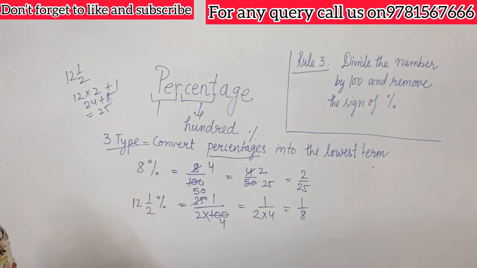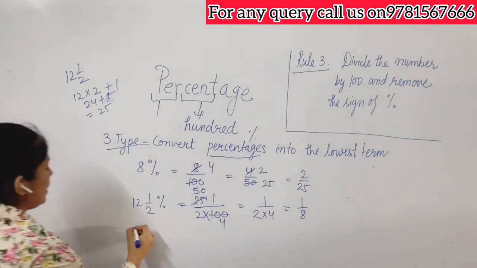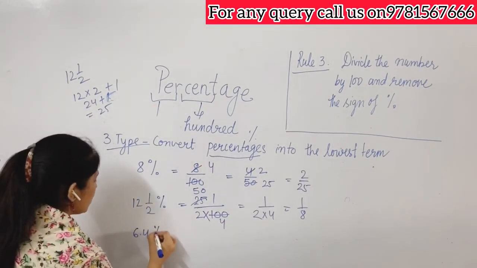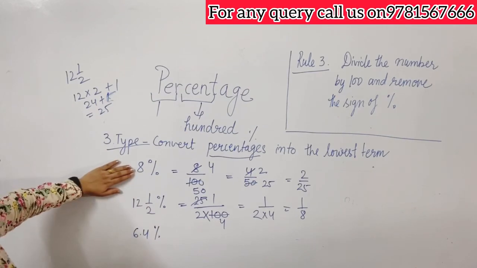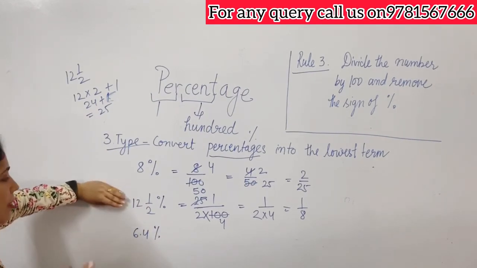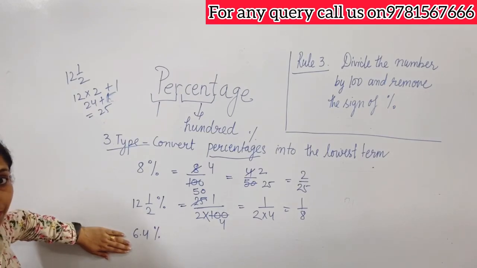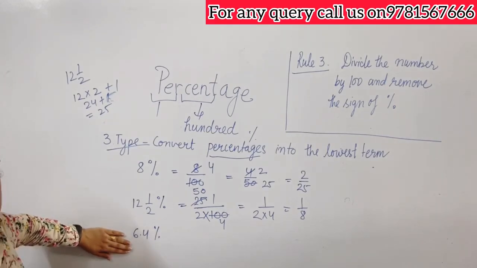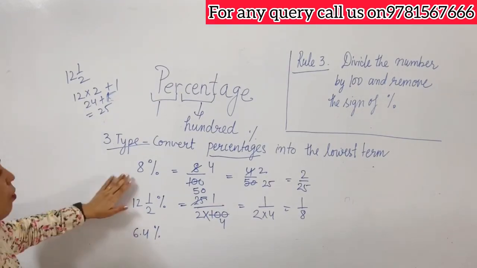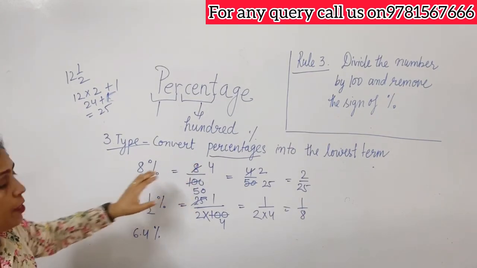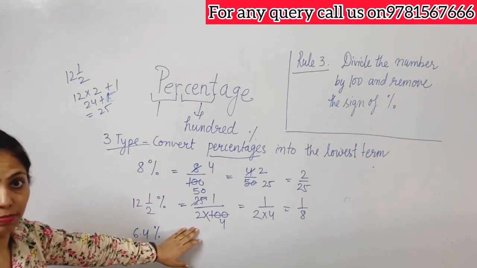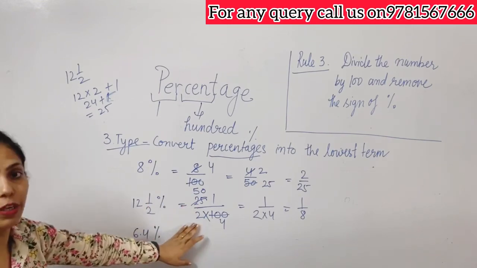Now I want you to solve one question, 6.4%. See whether it is written as a whole number, as a fraction, or as a decimal. You should remember the basic rule. What is the basic rule? Whole number, simply write the number. Fraction, convert it. If it is a mixed fraction, you need to convert it.